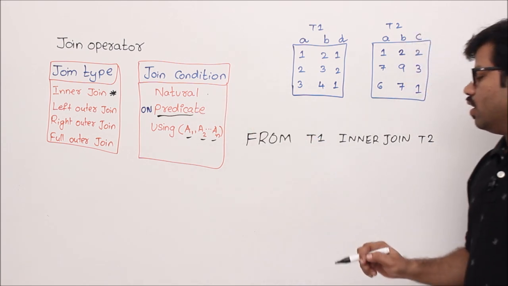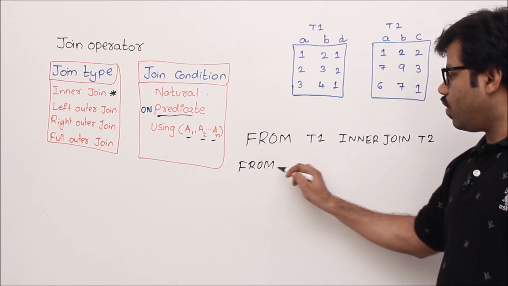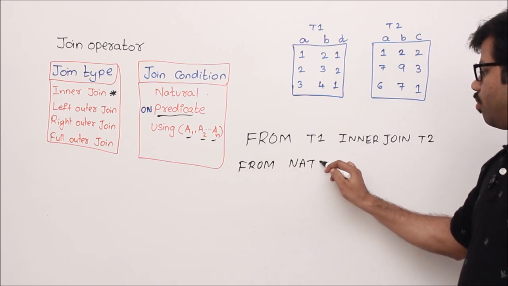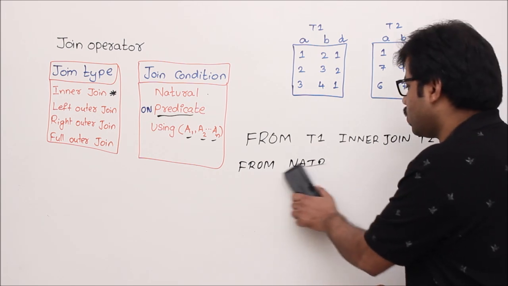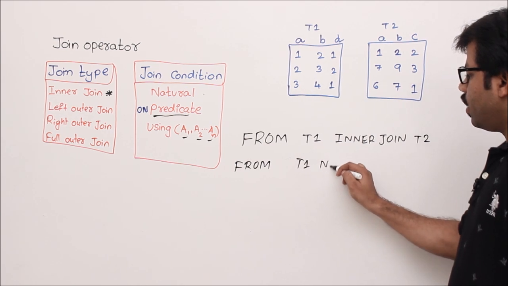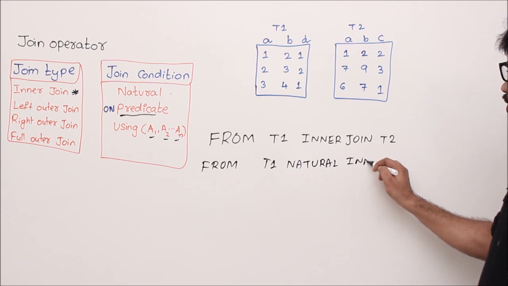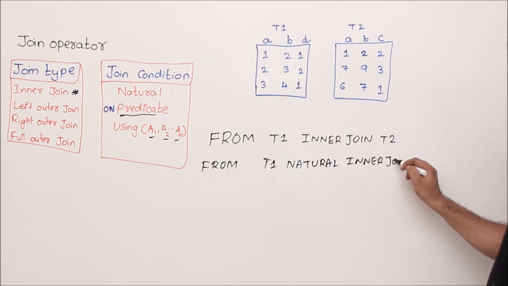One is natural. I will tell you the way to write natural. From T1 natural inner join T2.